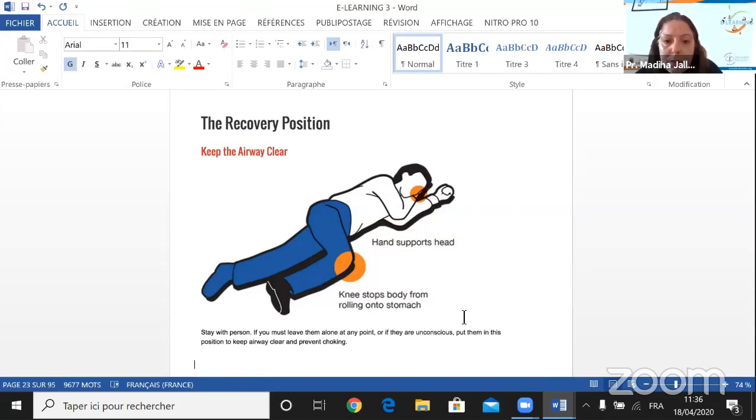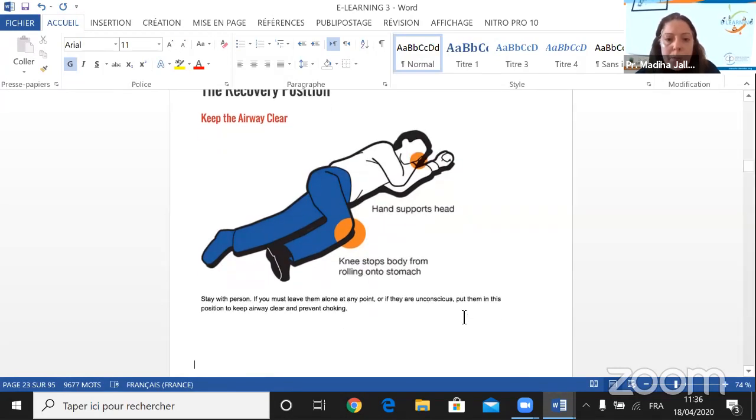You place the victim in. As you see there in the caption, the hand supports the head, and one knee is bent to stop the body from rolling onto the stomach. Okay, and at the end you have put them in this position to keep the airway clear and to prevent choking.